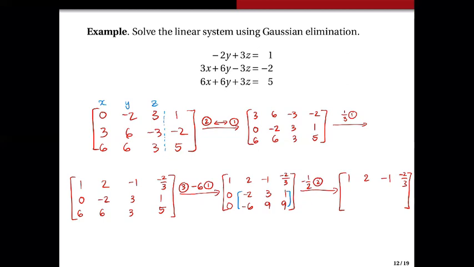If we do that, what will happen? Of course, 0 divided by 2, that's just 0. And then here you have negative 2 divided by negative 2, that becomes 1. Or negative 1/2 times negative 2, that's 1. Here you have negative 1/2 times 3, that's negative 3/2. Here, negative 1/2 times 1, that's negative 1/2.